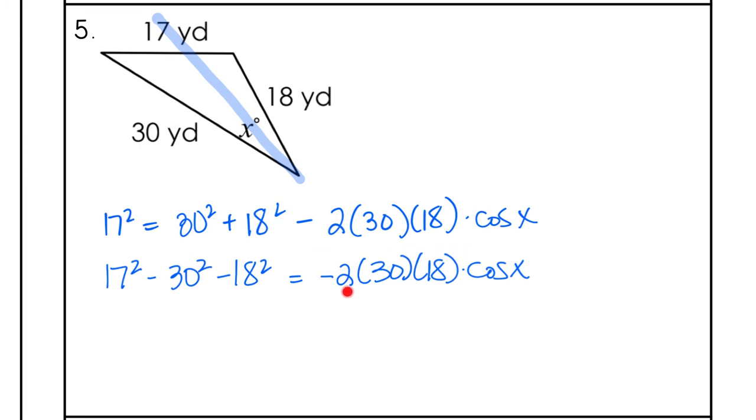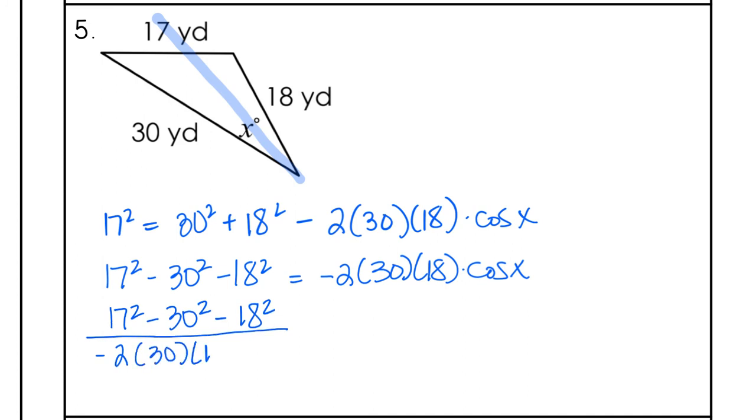Now these three terms are being multiplied. So in order to move them over, we're going to have to divide. So we still have what was on the left side, 17 squared minus 30 squared minus 18 squared, but we're going to divide by negative 2 times 30 times 18. And that equals cosine x.